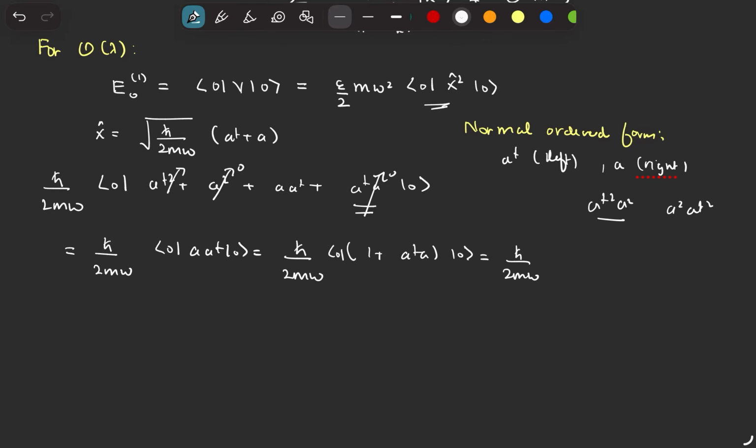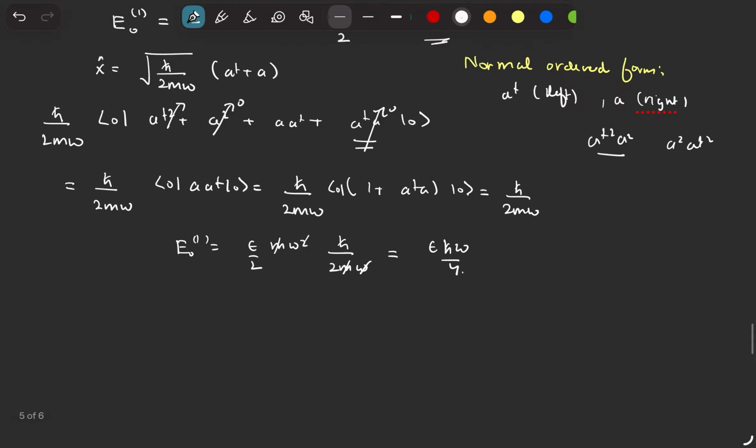Now if we multiply this with the next prefactor, that is epsilon by 2 m omega squared, h bar upon 2 omega, omega cancel, m cancel, so we have epsilon upon h bar omega by 4. So this is the correction to the ground state energy.